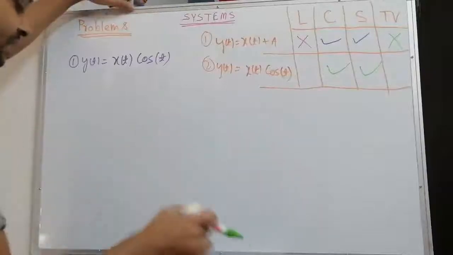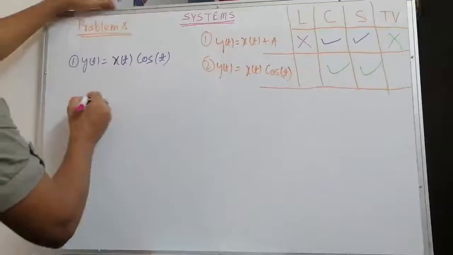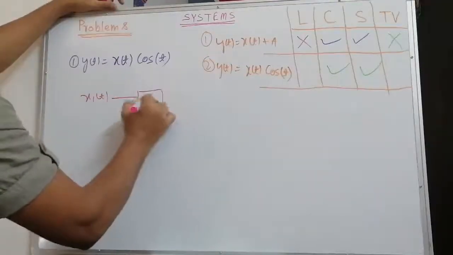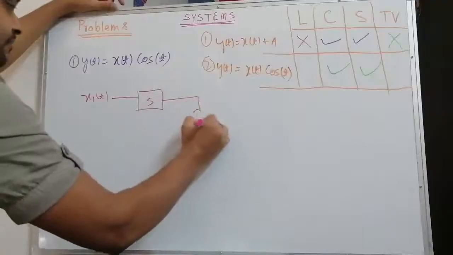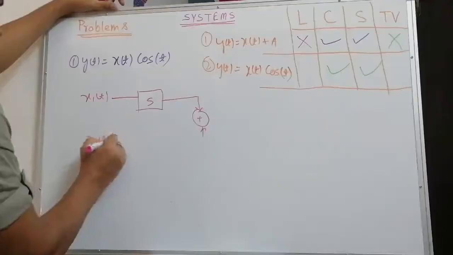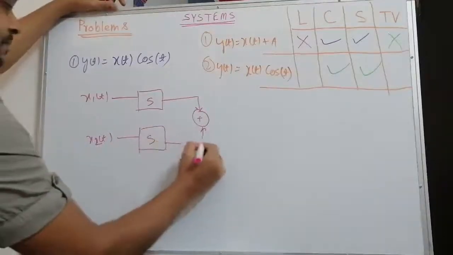To check linear or non-linear, we have to make a block diagram. We provide x1(t) to a system, and x2(t) to the system.